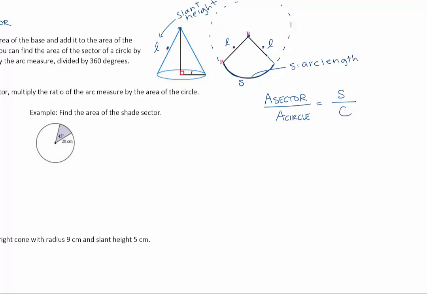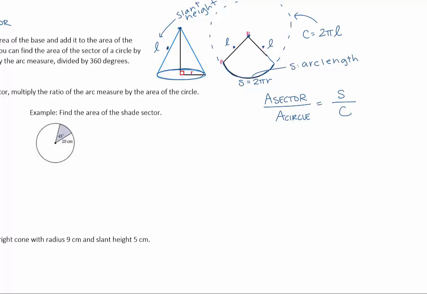This is going all the way around the base. So this is equal to 2 pi r, because that's the radius of our base here, and so it's the circumference of that entire base is what this forms into. So S is 2 pi r, and again, C is circumference. So we know that circumference is 2 pi L for this whole circle, because the radius now is L instead of r.